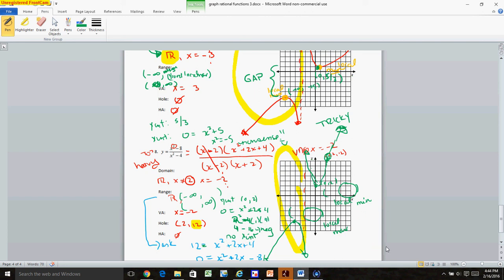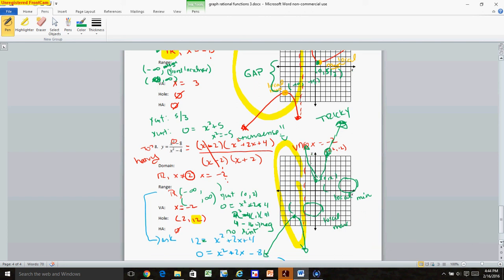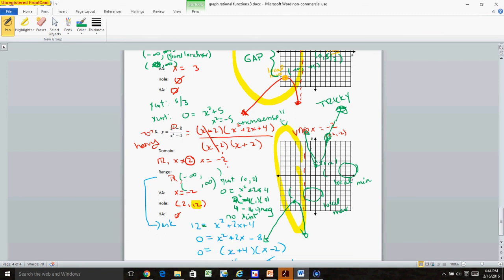And then also find my mistake with the hole. Let's see, what did I do? How did I find the hole? I factored x, this is x minus 2, x plus 2. So 2 canceled out there. So if I plug 2, did I do, oh, yeah, that's right. X squared, 2x, and 4.